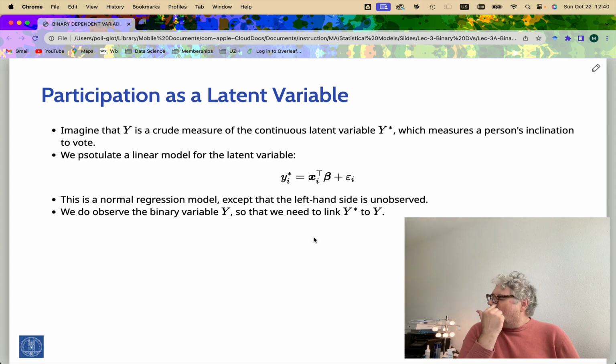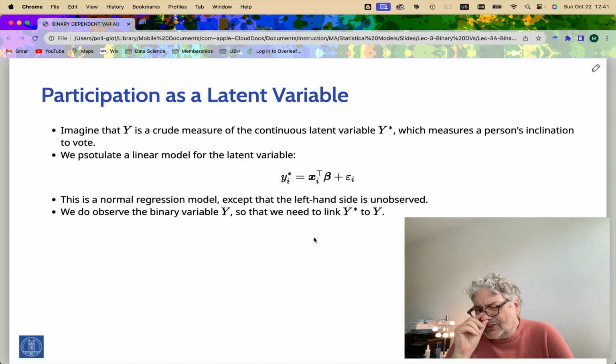So imagine that we're going back to this participation example. Do you vote or do you not vote in an election? We record that as a 0-1 variable, say: 1 if you voted, 0 if you did not. But we might think of that 0-1 variable that we measured as a very crude reflection of a continuous latent variable, call it y star, that measures a person's inclination to vote.